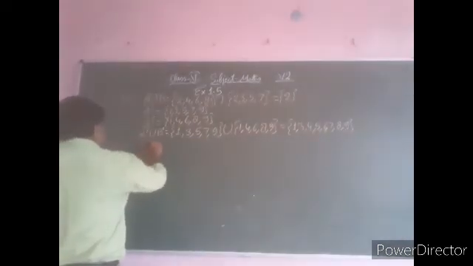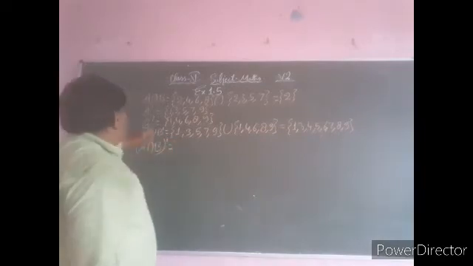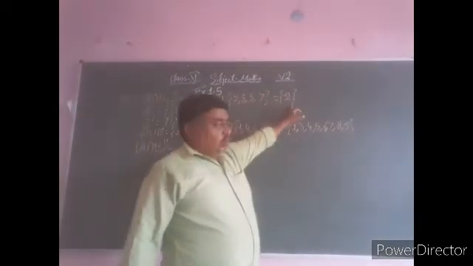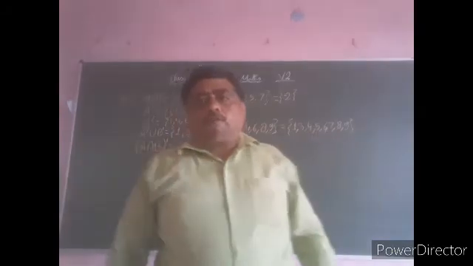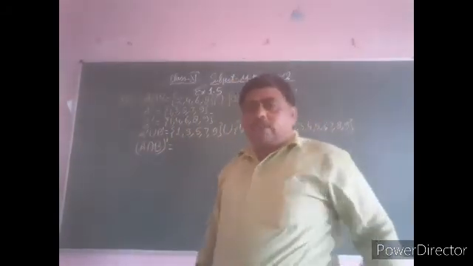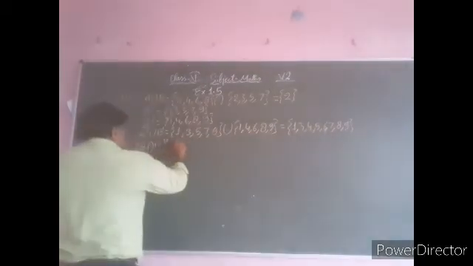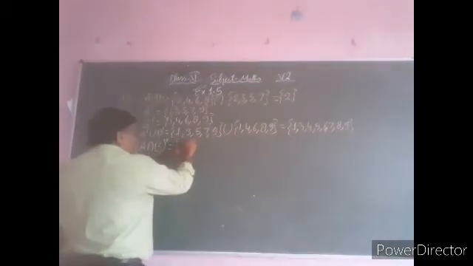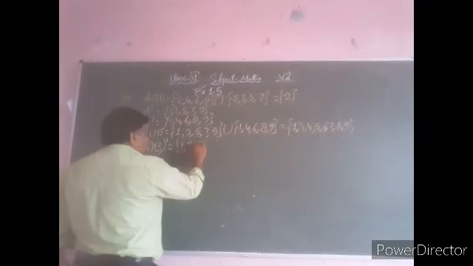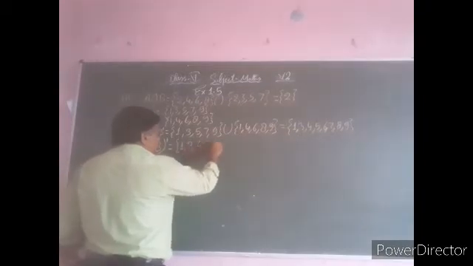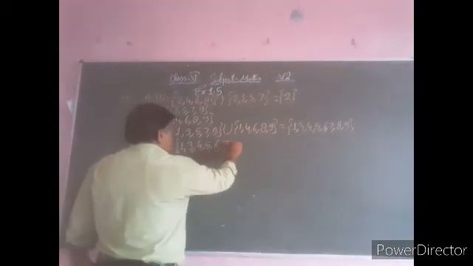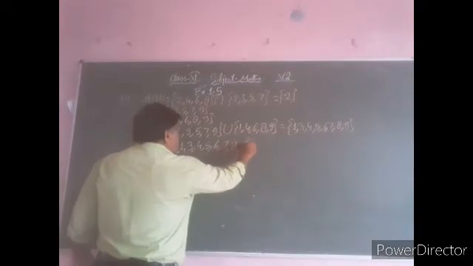Now A intersection B complement. A intersection B is 2 and U was 1, 2, 3, 4, 5, 6, 7, 8, 9, so it will be 1, 3, 4, 5, 6, 7, 8, 9.